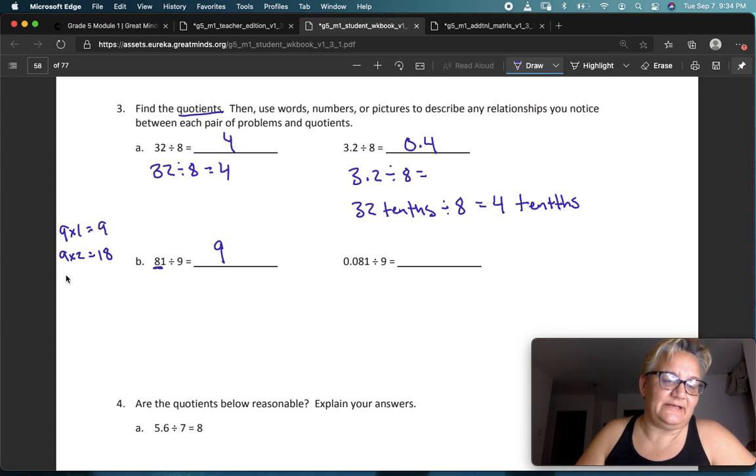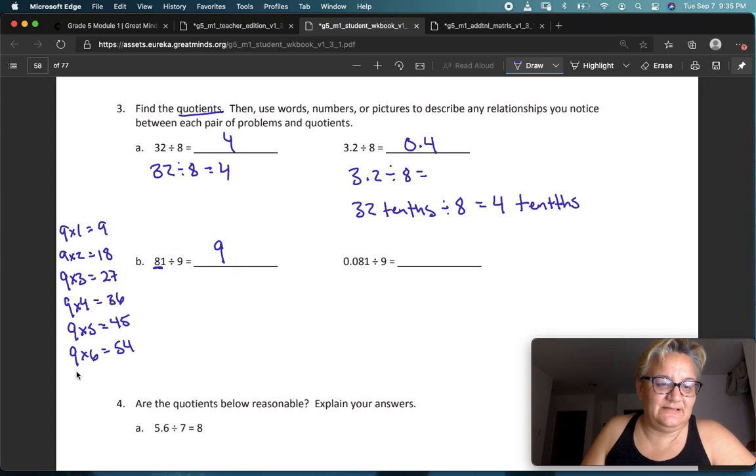8 plus 1 equals 9. 9 times 3 is 27. 2 plus 7 equals 9. 9 times 4 is 36. 3 plus 6 equals 9. Gosh, I love the 9s. 9 times 5 equals 45. 4 plus 5 equals 9. 9 times 6 equals 54. 5 plus 4 equals 9. 9 times 7 equals 63. 6 plus 3 equals 9. 9 times 8 equals 72, right? 7 plus 2 equals 9.